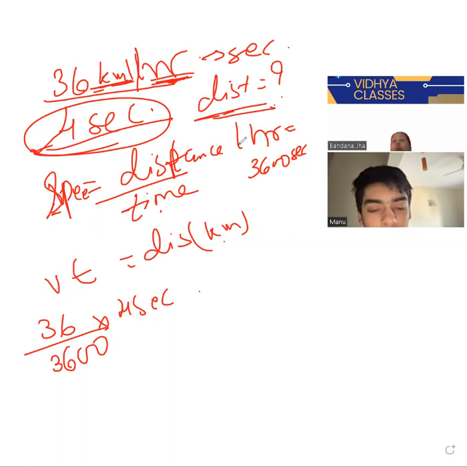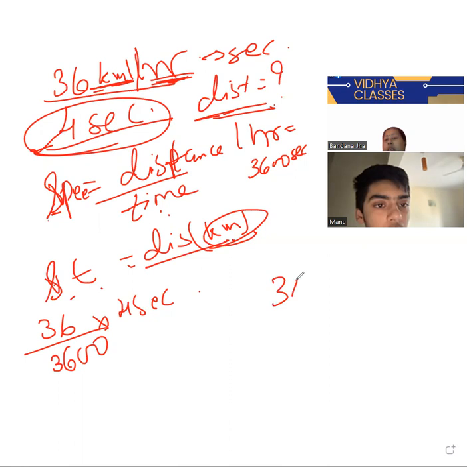Because displacement is not mentioned here completely, right? If the displacement were mentioned, then you would have to write velocity is equal to displacement upon time. So speed is equal to distance upon time. So speed into time is equal to my distance, and I want the distance in kilometer. So here 36 kilometer per hour is there.